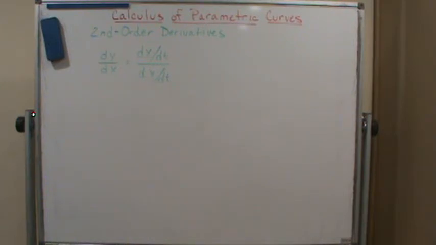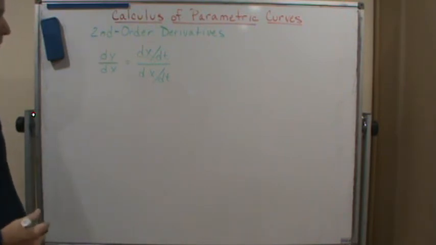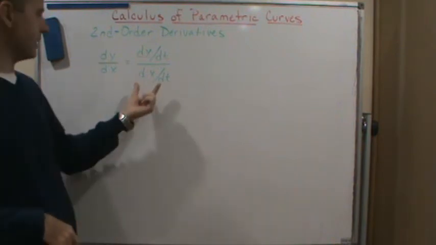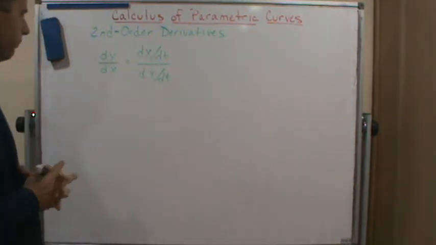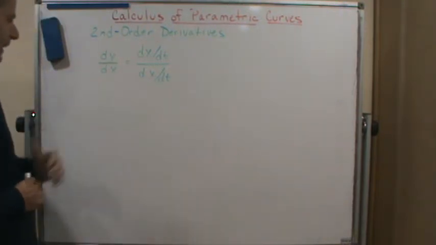Let me do it a little bit differently this time, and I'm going to use the chain rule in a different way to get to the same result. I want to take the derivative of this thing with respect to t.